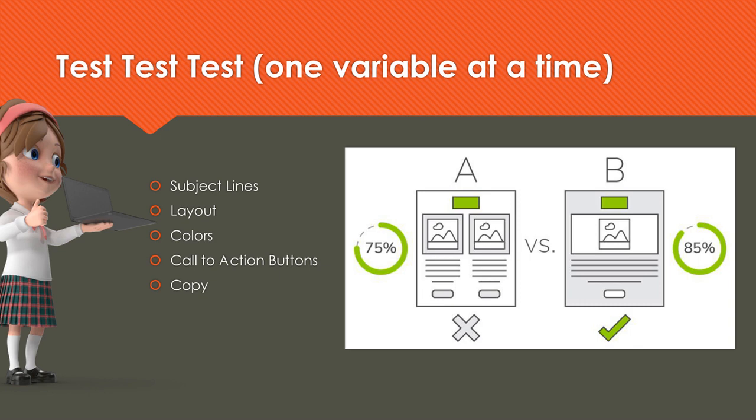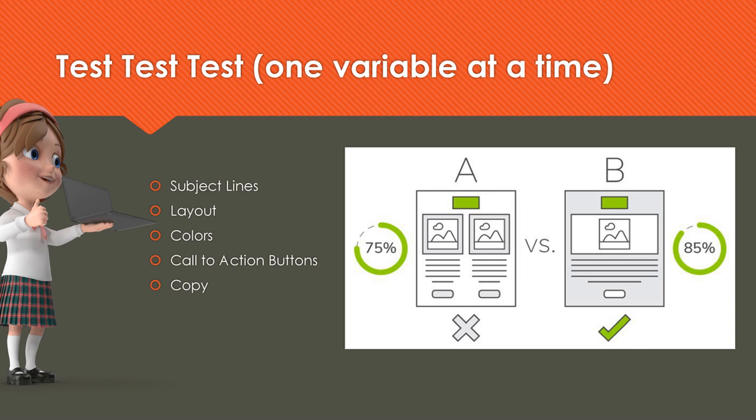So the first rule is that you can only change one variable at a time. So a variable would be, I'm testing my images, or I'm testing colors, or I'm testing subject lines. Why just one variable? Because if you change more than one thing at a time in a test, you won't know which of those things was responsible for the result.